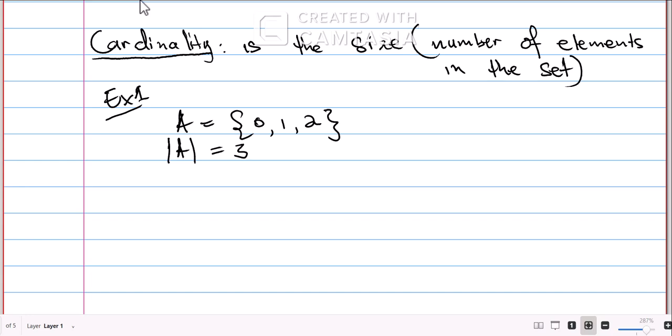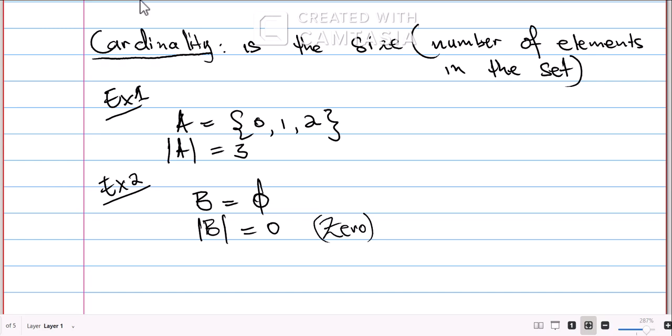For the second example, we have B, which is an empty set. What is the cardinality of B? The cardinality of B is 0.